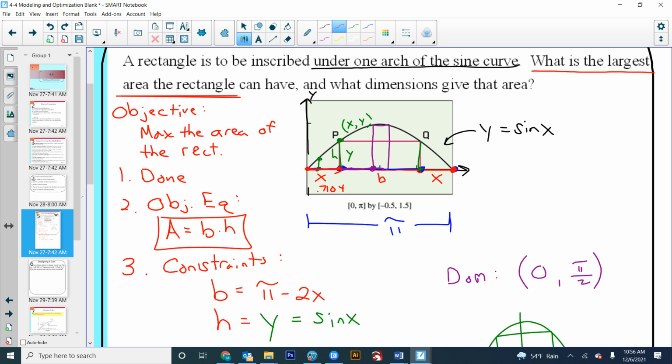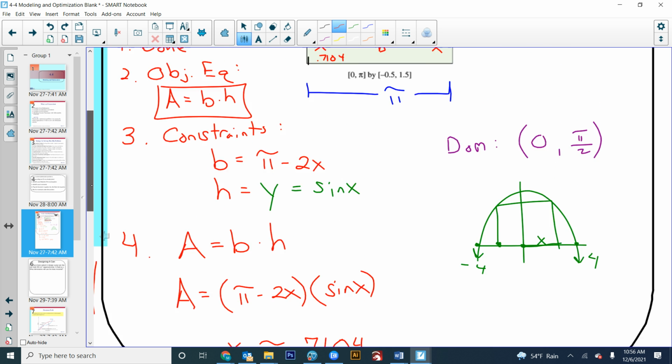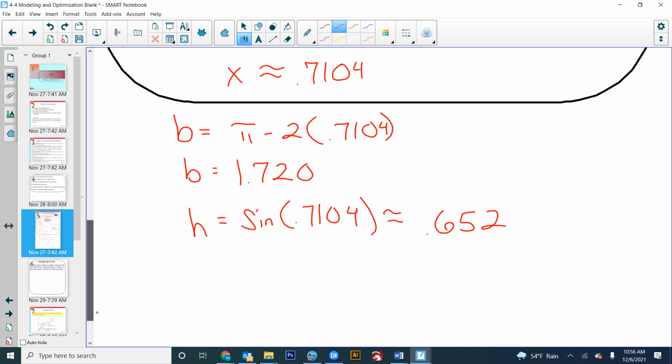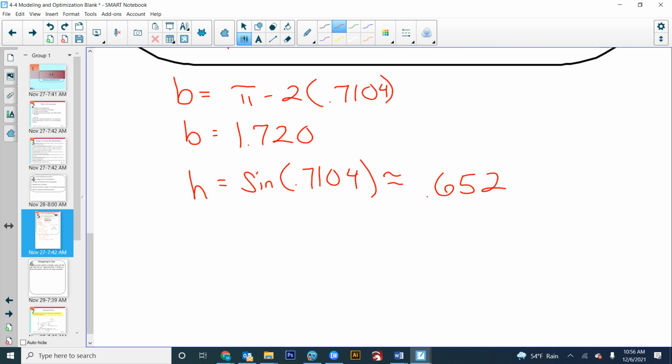The base of the rectangle will be 1.72 units wide. The height will be 0.652 units tall. And the area that maximizes that rectangle.